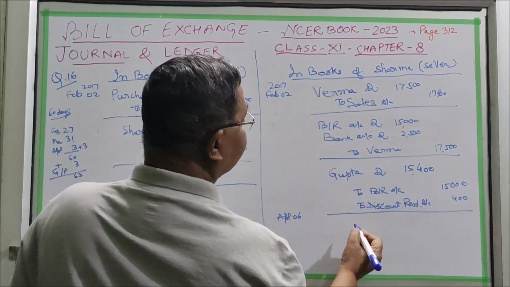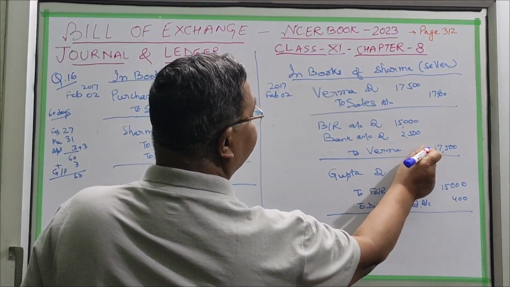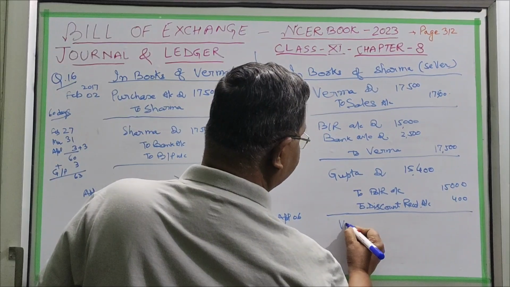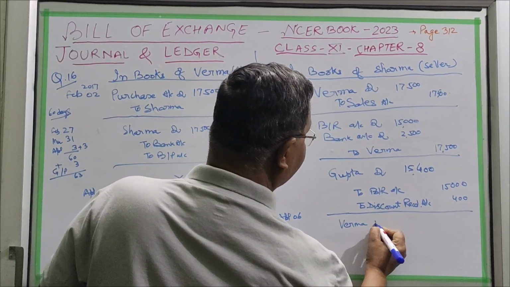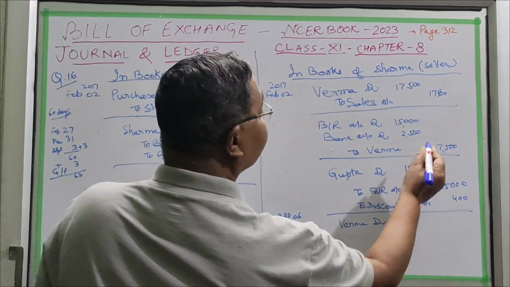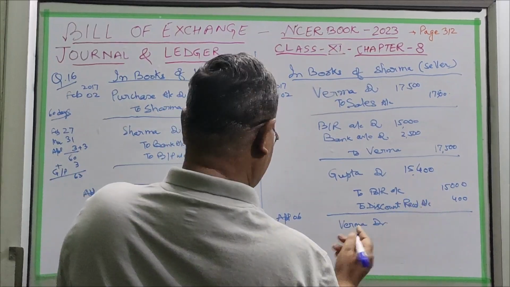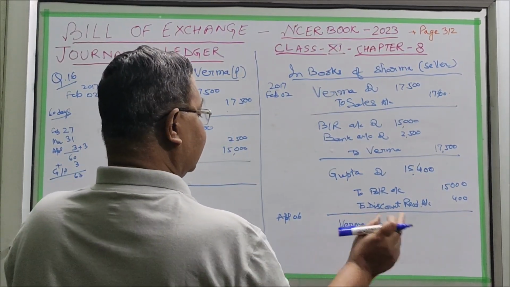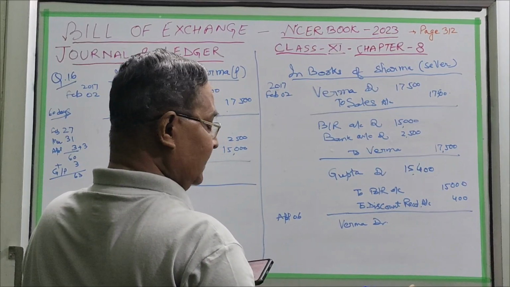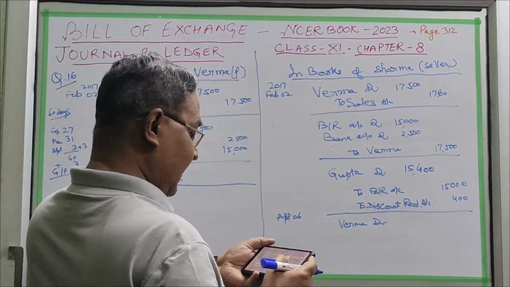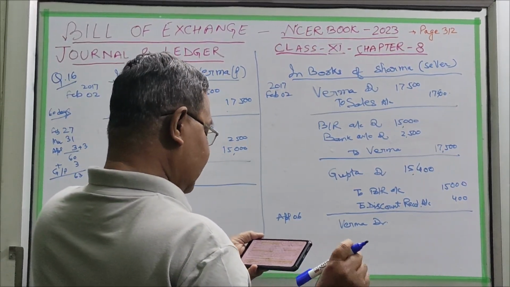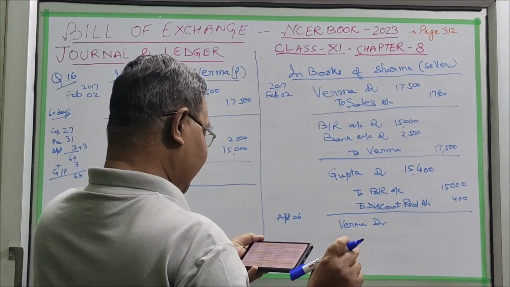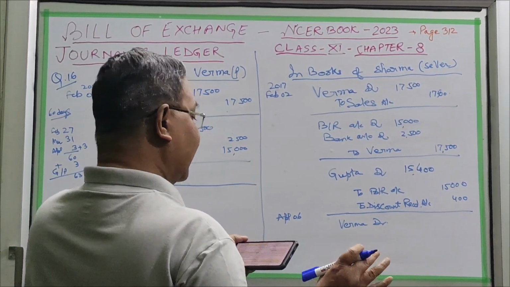So Verma again becomes a debtor. Verma's account is debit here. Verma debit for how much amount? 15,000 plus noting charges also. Means in the court, notaries are there, no? So from there they have got the bill noted, just to get legal evidence, and paid 50 rupees as expenses.